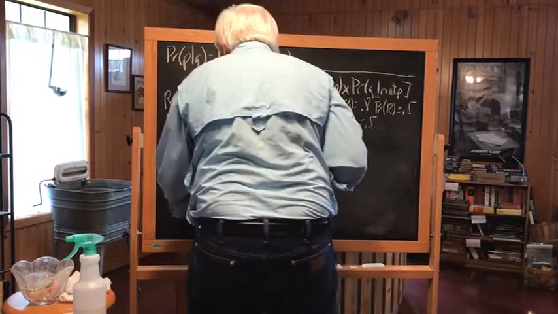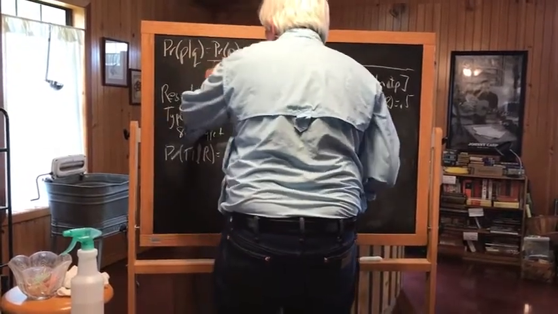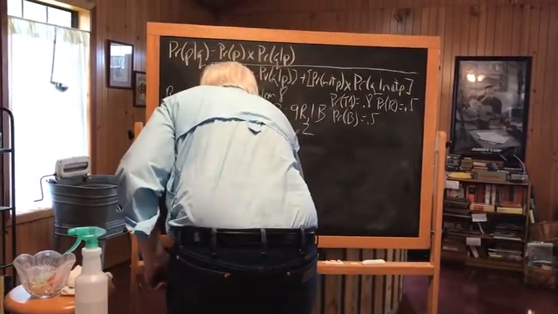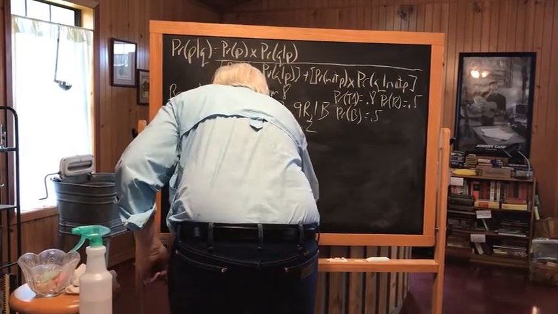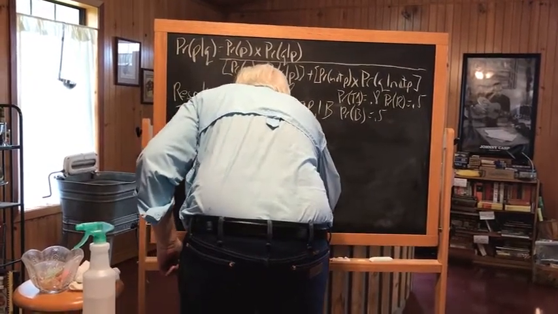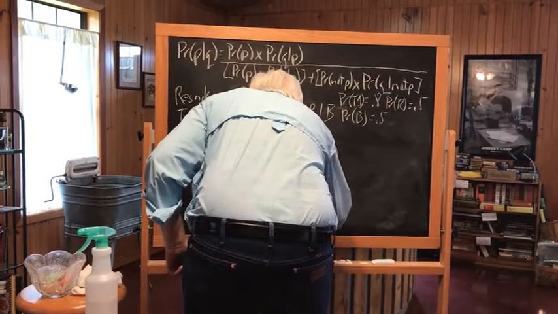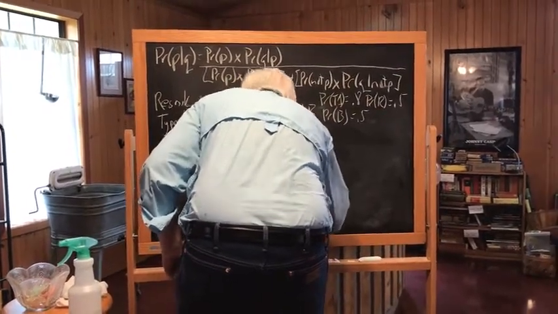Okay, so first of all, we need the prior probability that we drew from type 1. That is the probability of type 1 times the probability that we drew a red ball, given that we drew from type 1.